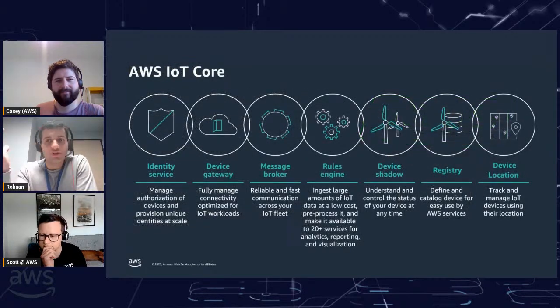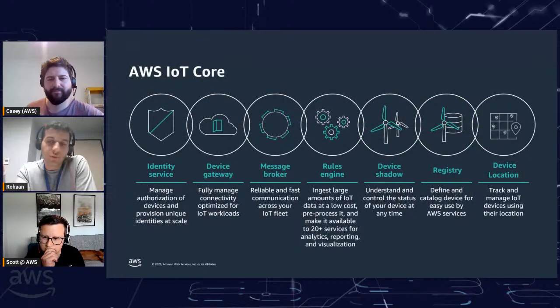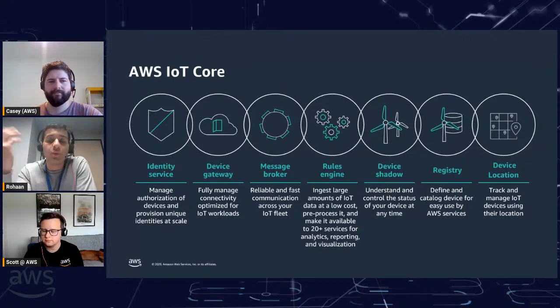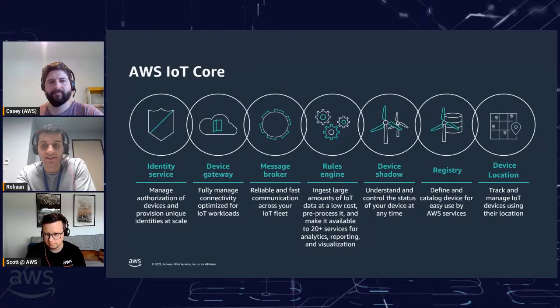Now that we've talked about the devices themselves and the software running on them, the next step is really about having something in AWS to receive that data they're sending. And we can use AWS IoT Core here, which is essentially a service that lets you connect, manage, and scale your device fleets easily without having to worry about the infrastructure that sits under them.